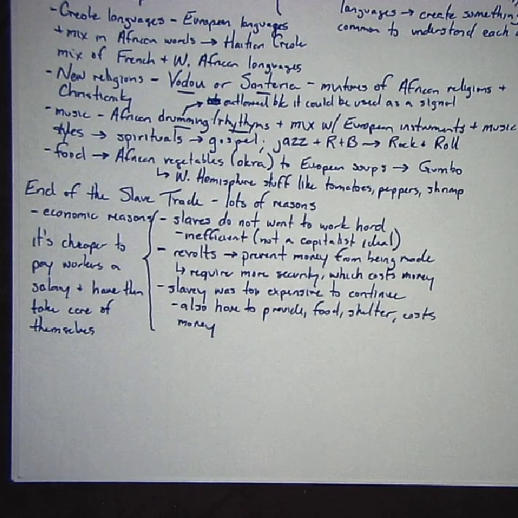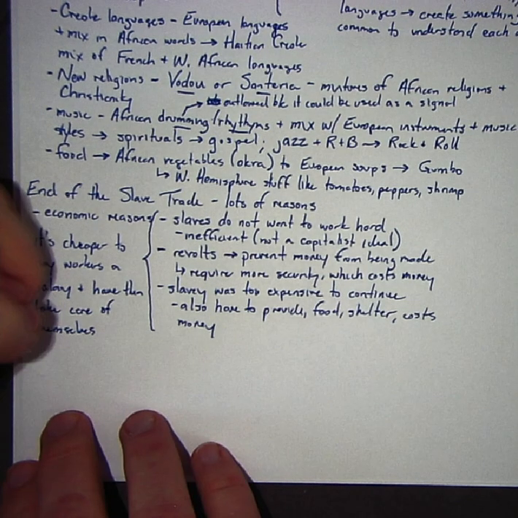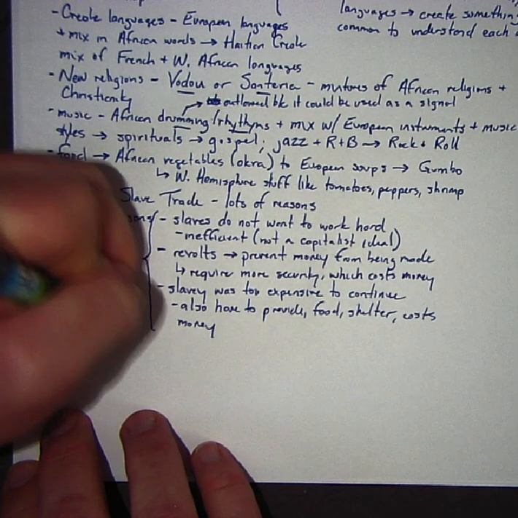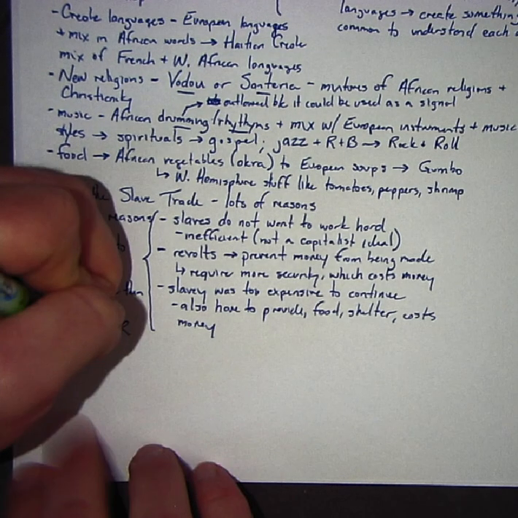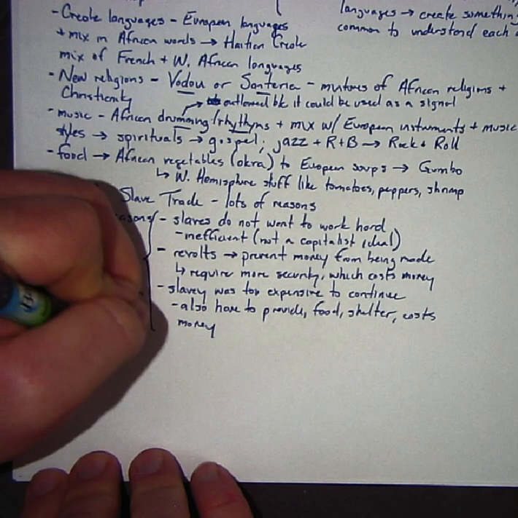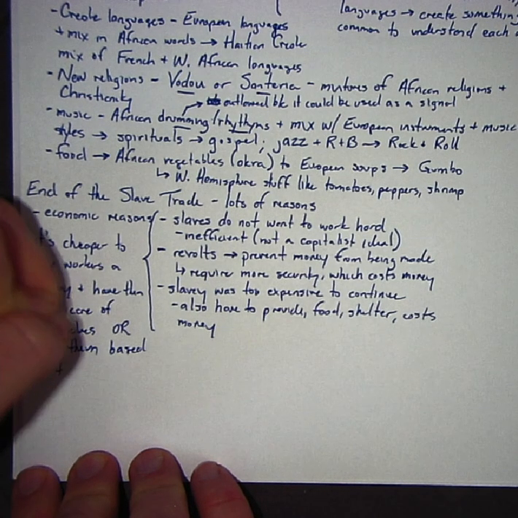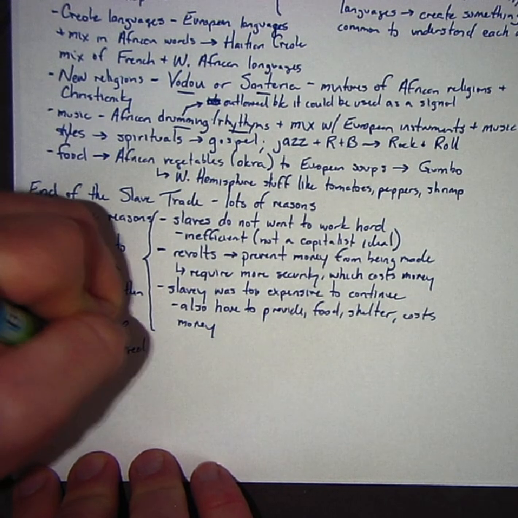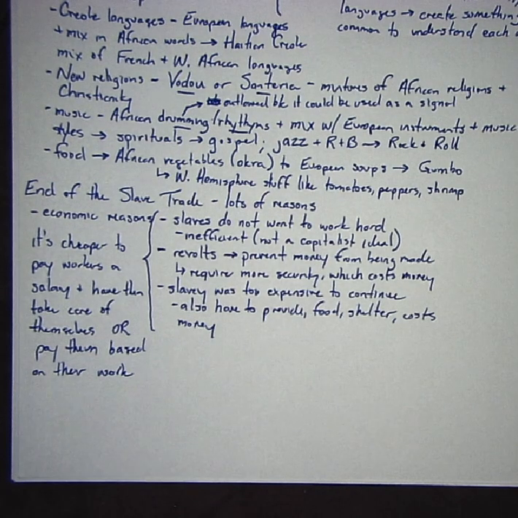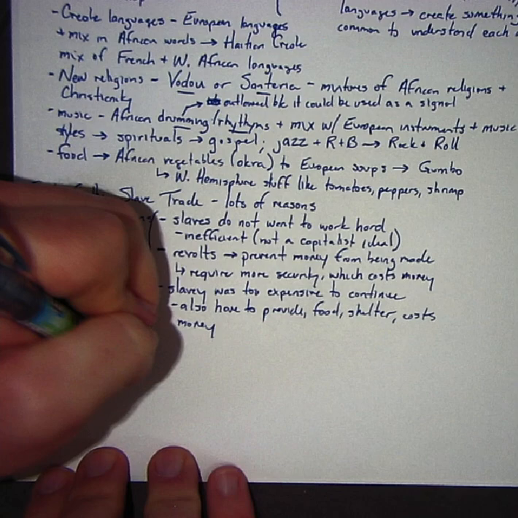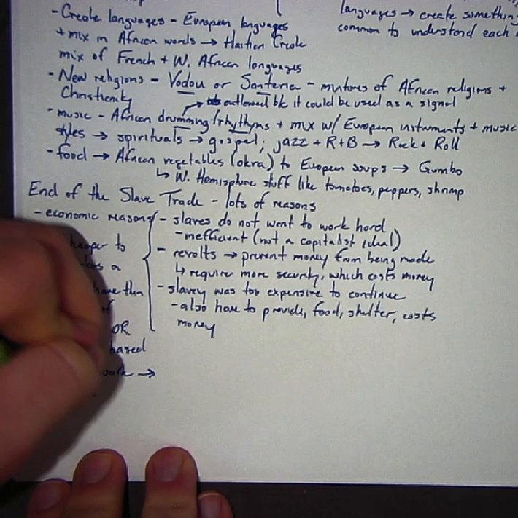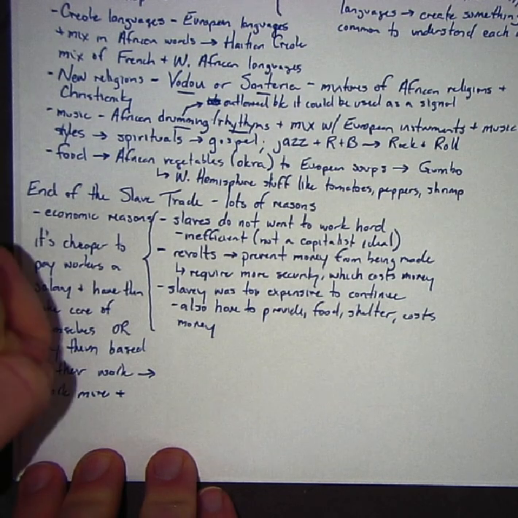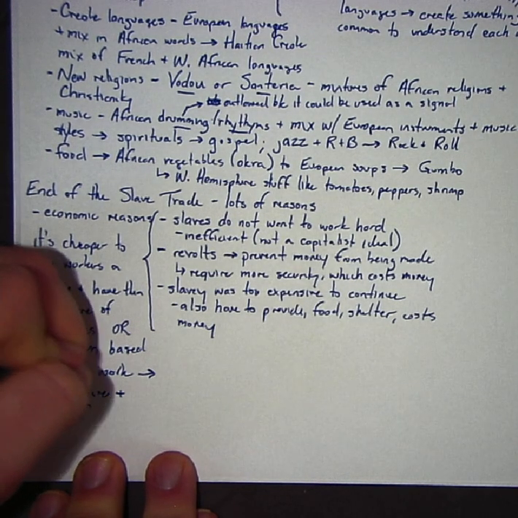So it's cheaper to pay workers a salary or pay them based on their work. So that's going to make them work more, and more efficiently.